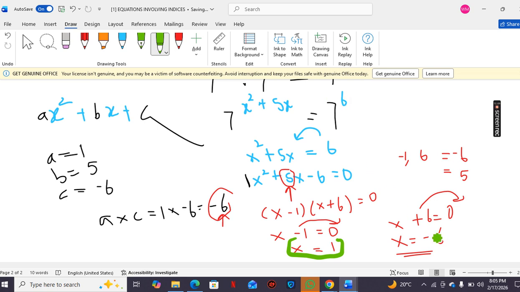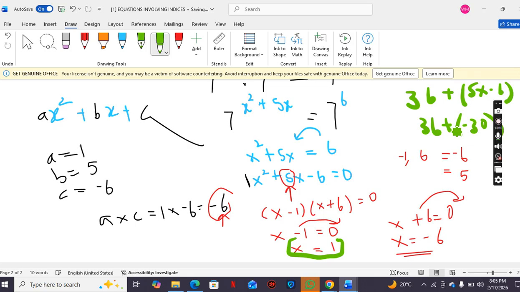If you use negative 6, squared that is 36, plus 5 times negative 6, you get negative 30. So 36 plus negative 30, positive and negative make negative, so 36 minus 30, you still get 6.